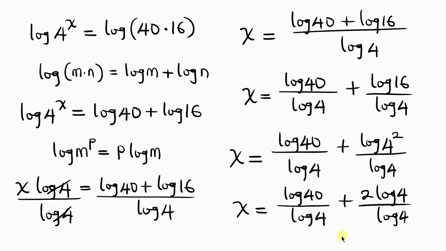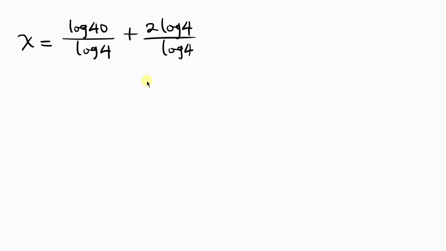Very good. And then looking at what we have here, you see that log 4 can cancel out, leaving behind 2. So we have x to be equal to log 40 all over log 4 plus 2.